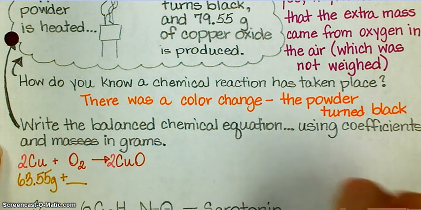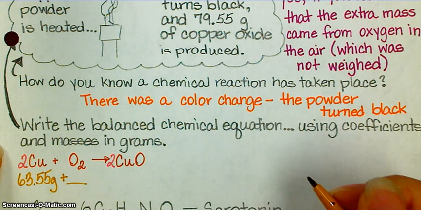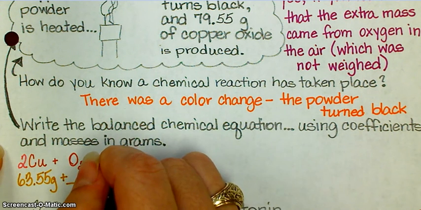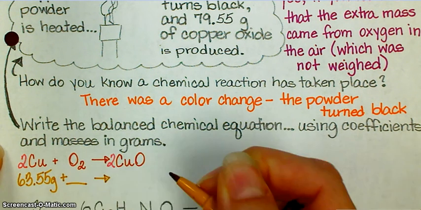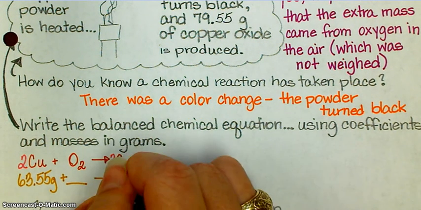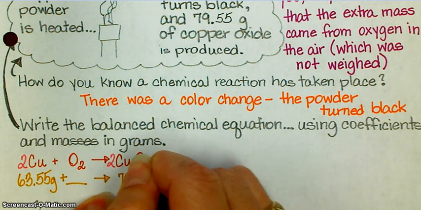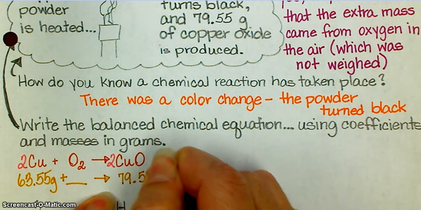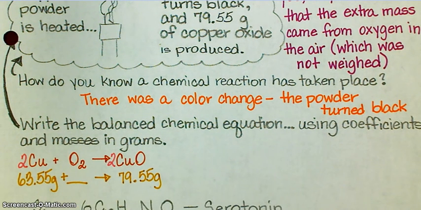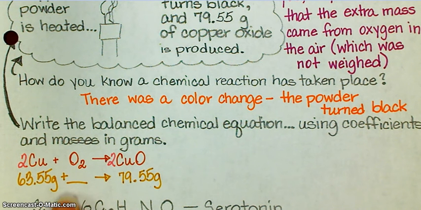I don't know how many grams of oxygen gas are used. And I wind up with 79.55 grams of copper oxide. Now, the law of conservation of mass says that matter cannot be created or destroyed during an ordinary chemical reaction. So whatever mass I have at the beginning, I have to have the same mass at the end.